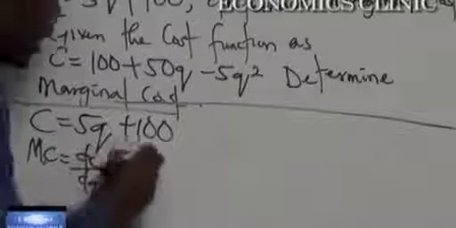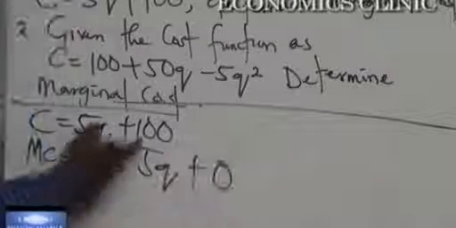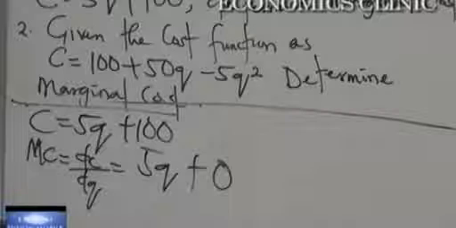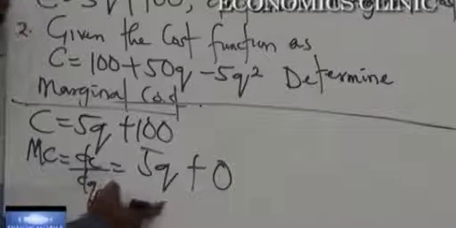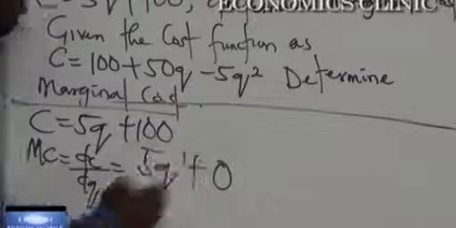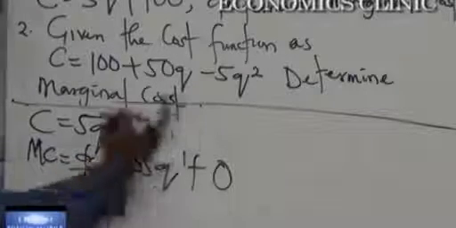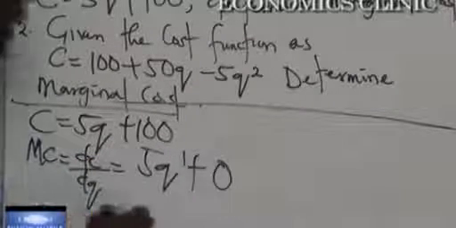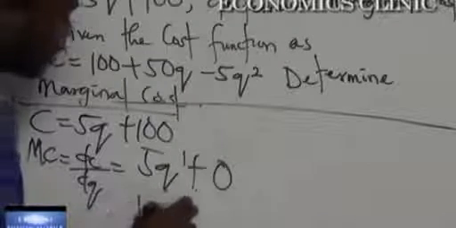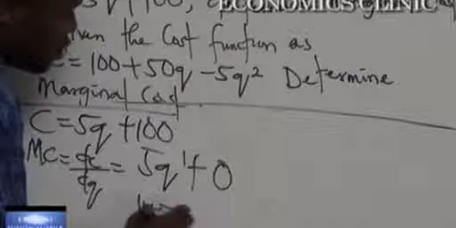So we have here 5Q plus 0 because numbers without variable is counted 0. Here, don't forget that the variable here is having the power of 1. So we multiply 1 times the coefficient, which is 5, and minus 1 from the power. So we have 1 times 5Q raised to power 1 minus 1.